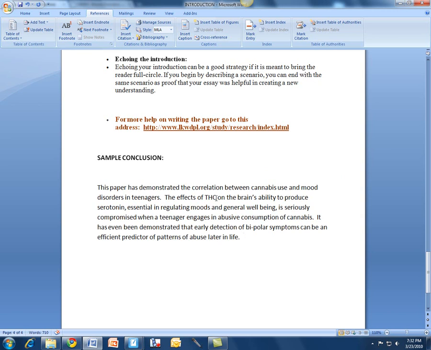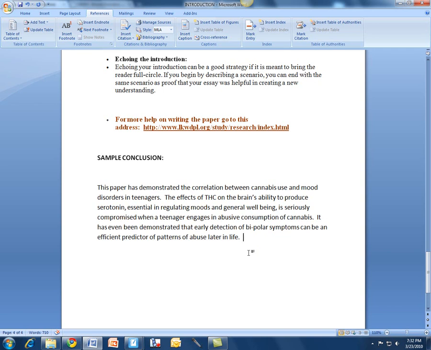Now, I could have said the active ingredient in cannabis, but that would be wordy and redundant, and that's not necessary, and it's actually distracting. The effect of THC on the brain's ability to produce serotonin, essential in regulating moods and general well-being, is seriously compromised when a teenager engages in abusive consumption of cannabis.